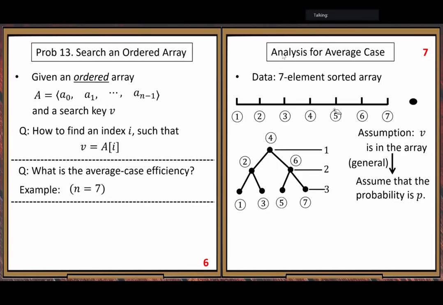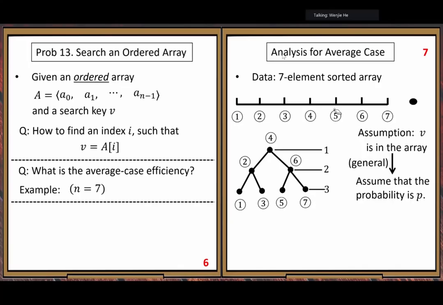Now we are ready to write a formula for the average case efficiency, because this time we can use a fair way to combine all 7 cases. V equals 1 of the 7 elements, so in total you have 7 cases.